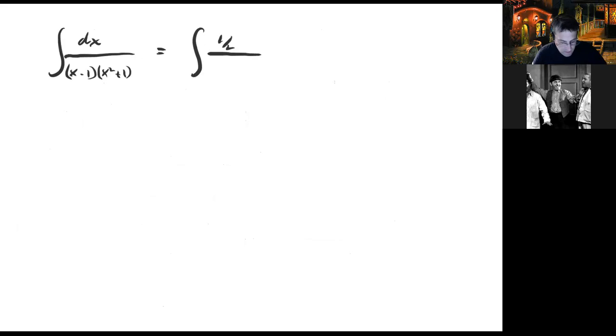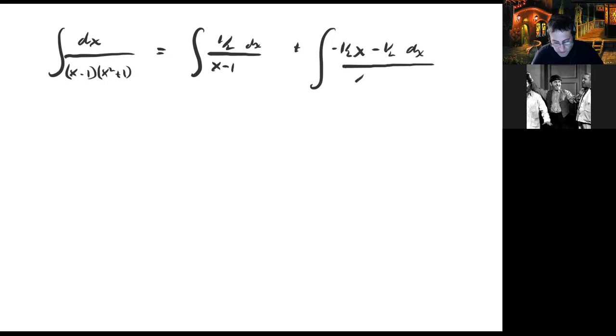If we want to integrate dx over x minus 1 times x squared plus 1, it's the same thing as the integral of a, which is a half, over x minus 1 dx, plus bx plus c, but b is minus a half and c is minus a half. So it's minus a half x minus a half dx over x squared plus 1.